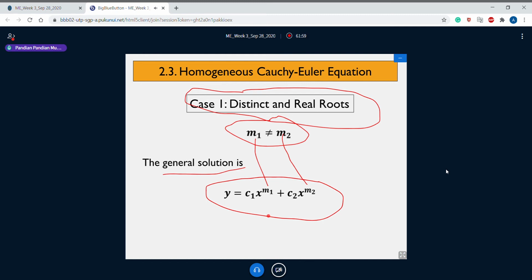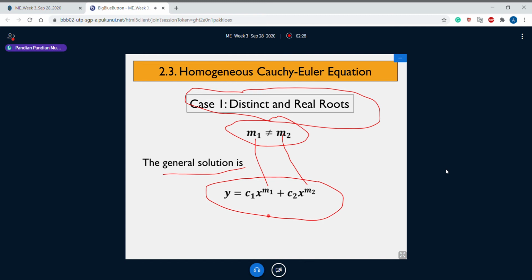So you must remember, for the homogeneous Cauchy-Euler equation, if it has two distinct real roots, the solution is y equals C1 x to the power m1 plus C2 x to the power m2. And C1, C2, you just leave as they are because we cannot find C1, C2 at the moment, since you are not given an initial condition.